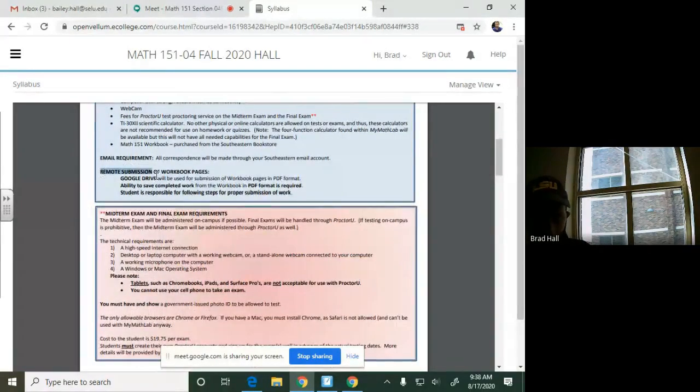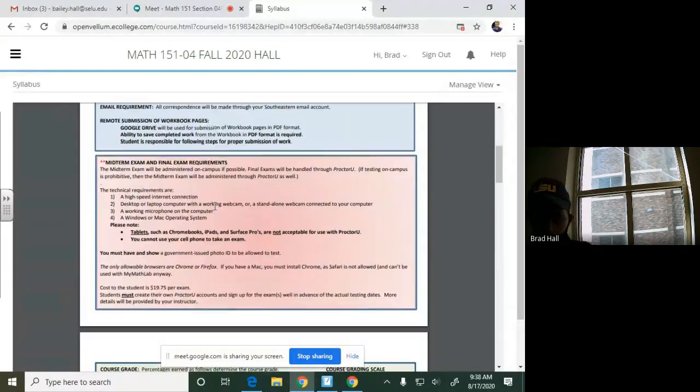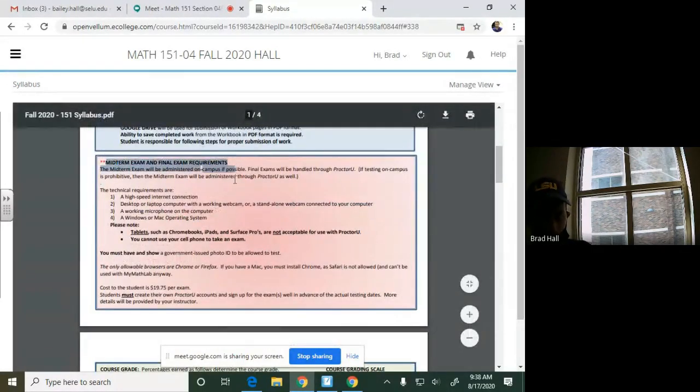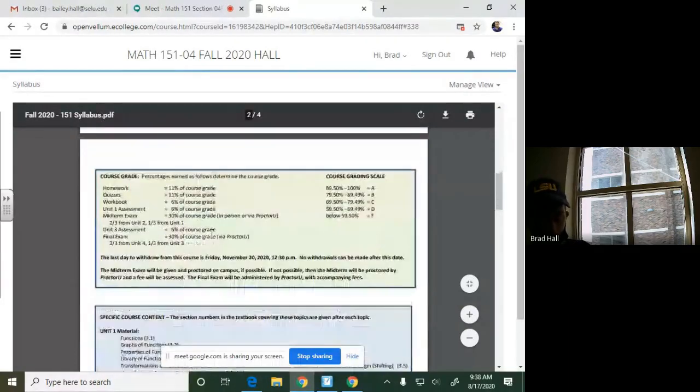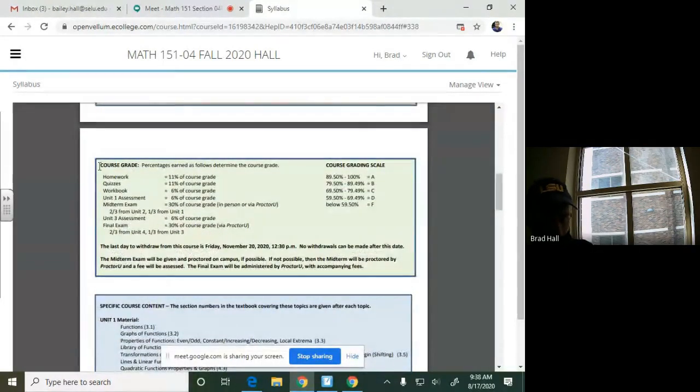The remote submission of the workbook pages, that's what the first assignment is for. The midterm and the final, we'll talk more about that when the time comes. The course grading layout, I think it's pretty straightforward. It makes sense that the midterm and the final are so high because those are proctored exams as opposed to everything else, which is not proctored.